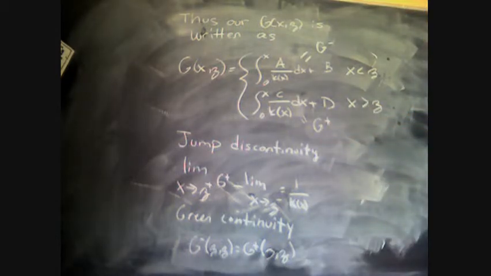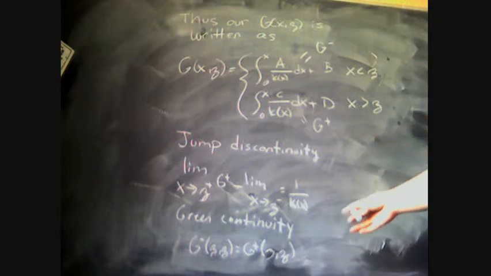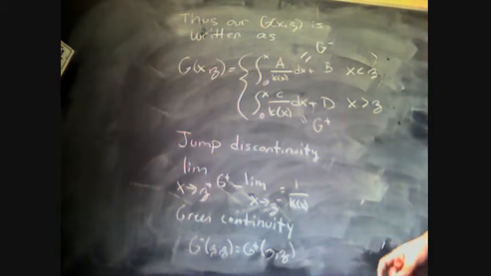Green's functions usually have two specific conditions that we also need to apply besides the boundary conditions. The first one is known as the jump discontinuity. The Green's function itself is going to be continuous, but it's not going to be differentiable at the point x equals z.